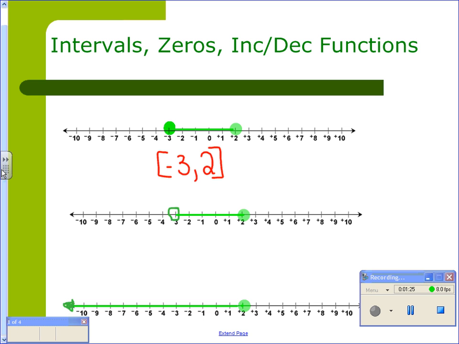For this one, what's different? It does not include -3. So instead of a bracket, to show that it doesn't include it, we do it as a parentheses. So we'd have parentheses, -3, and then what? 2, and then a bracket. Does that make sense?